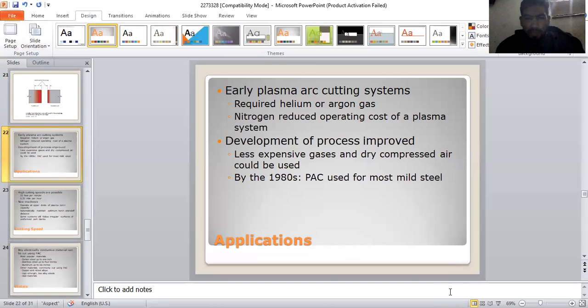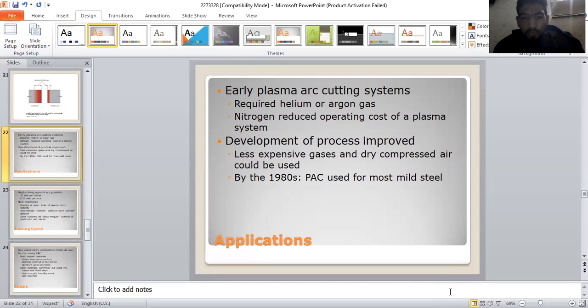So there are various applications of plasma cutting. First, in early years, helium and argon gas were used to produce a plasma arc cutting system. Nitrogen was used to lower the cost of the whole system.